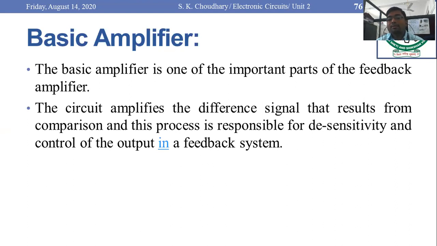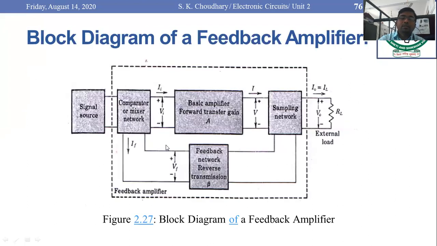It takes the difference signal as input, and whatever amplification factor is there in the amplifier network would be multiplied with this difference signal, and the resultant signal would be an amplified signal. If you want to see the block, this is the diagram. You can see this is the section where we show the basic amplifier that has the gain of A.